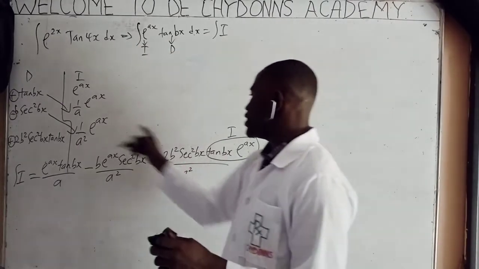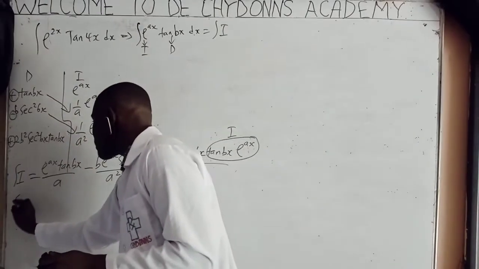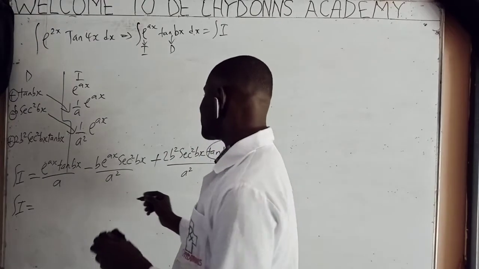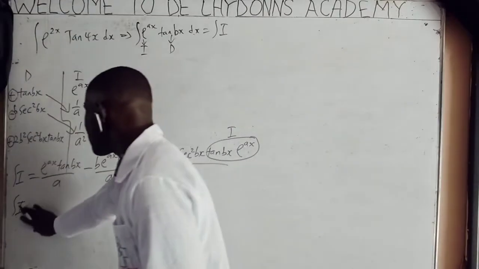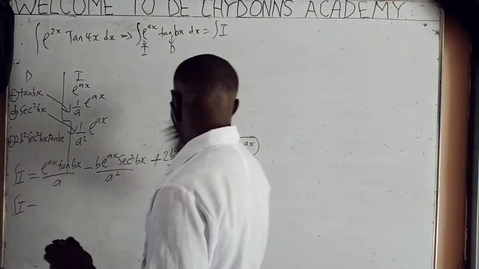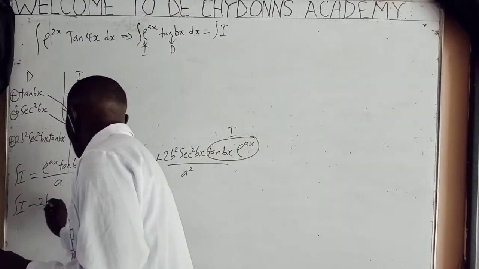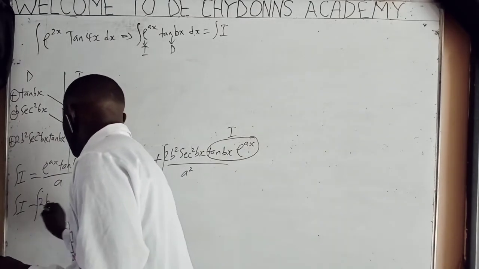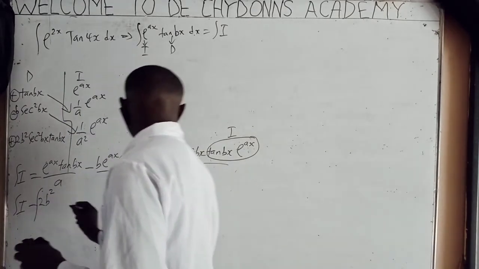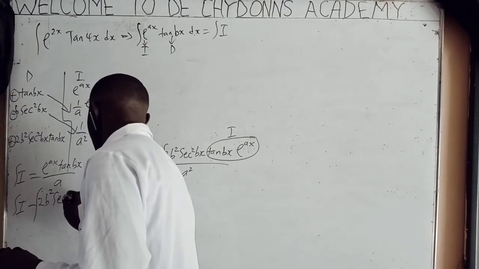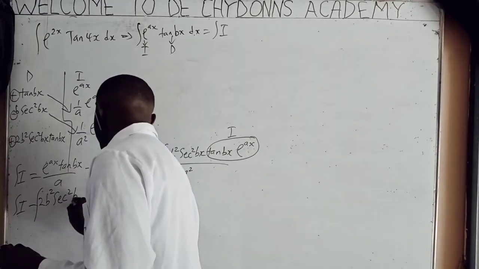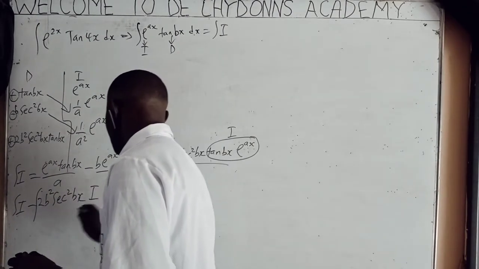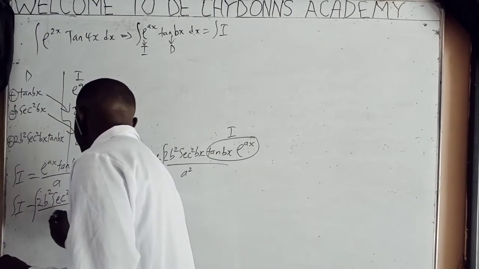Then carry it to the other side. You say integration I equals to integration I minus 2b squared sec squared bx, then I all over a squared.